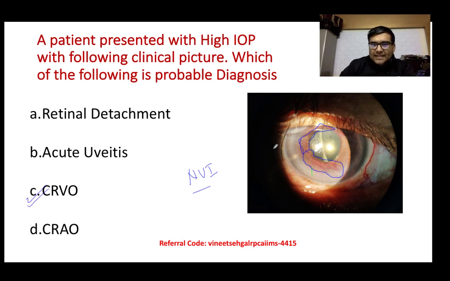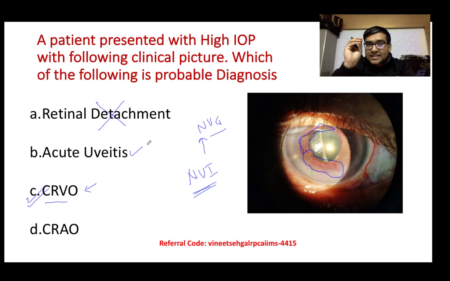What has happened is there is neovascularization of the iris, and this has caused neovascular glaucoma. This neovascular glaucoma is usually seen after 3 months in which disease? CRVO. That's why it is also called 90-day glaucoma or 100-day glaucoma. Now let's see the other options. Retinal detachment won't come with high IOP.